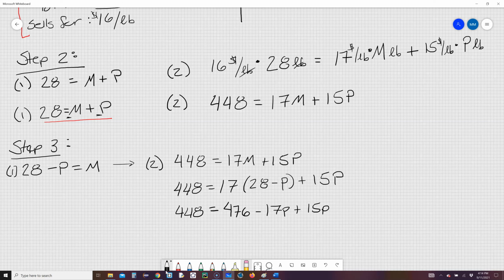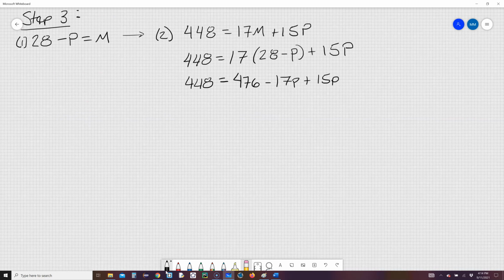I can see we're going to have negatives again, but that's okay, we can handle it. 476. Excuse me, that is a negative. Negative 17 plus 15, negative 2P. This is a 6.